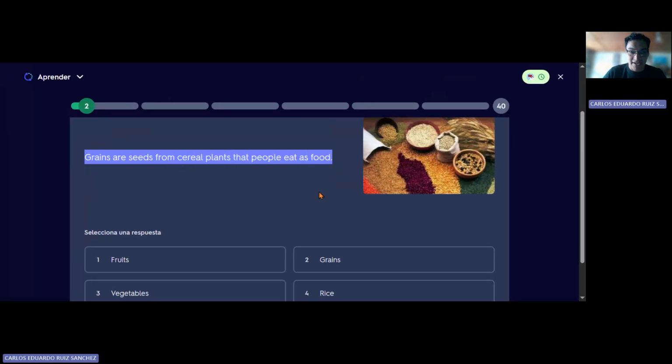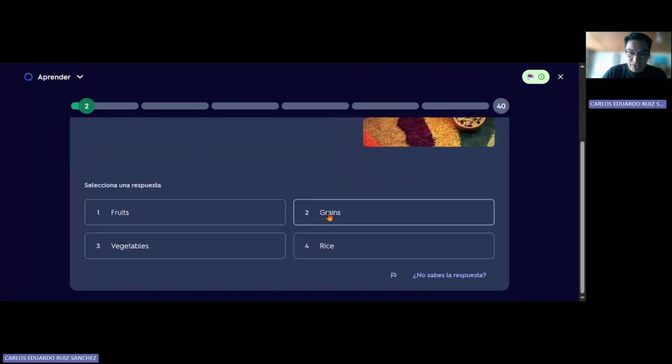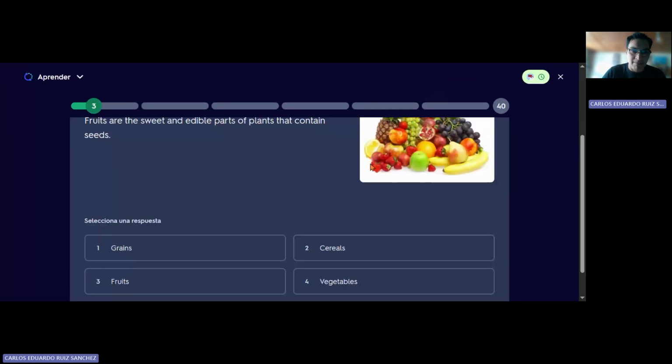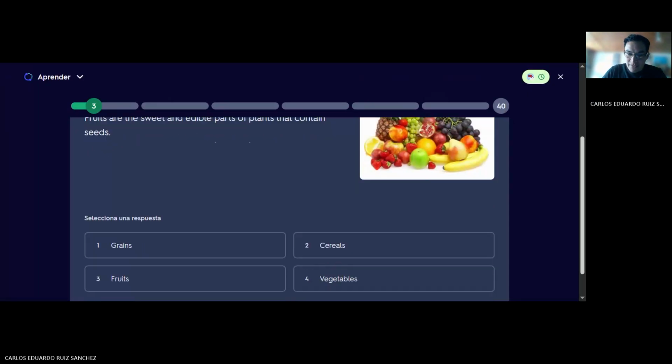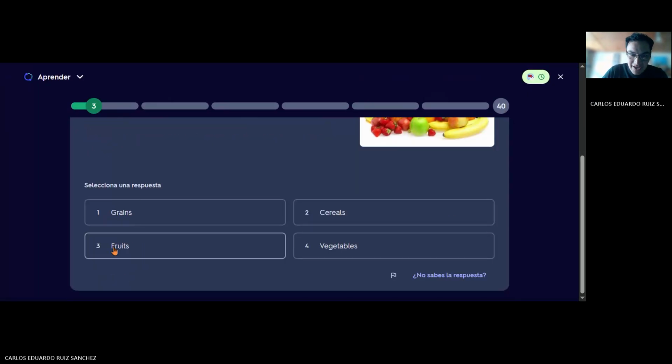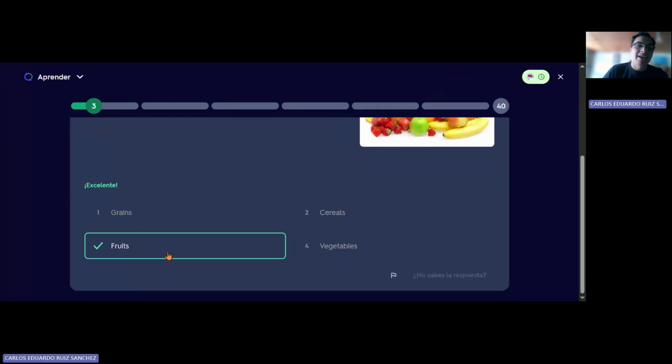Yes, I am going to choose grains, because the statement was talking about grains. Fruits are the sweet and edible parts of plants that contain seeds. Okay, so we got here some vocabulary, and my statement was talking about grains, cereals, vegetables, or fruits.